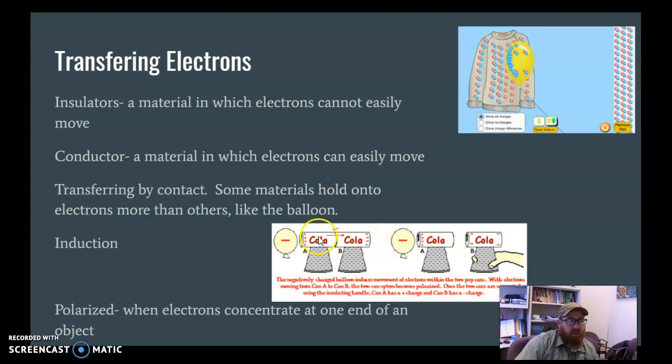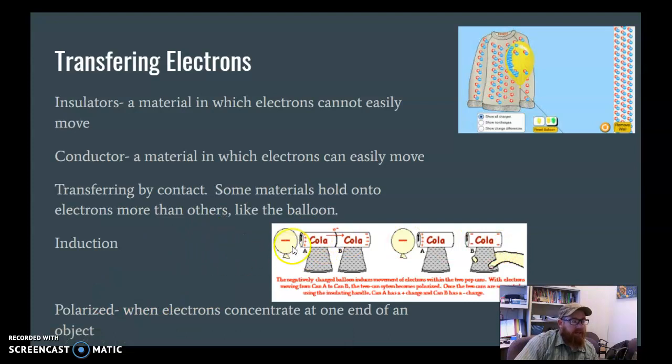So they'll go from this Coca-Cola can into this Coca-Cola can, so there's negative charge over here. And the positives will transfer from this can over to this can because they want to get close to the negative. They are attracted to that. And then if you separate those two cans apart, lo and behold, this can is positively charged and that can is negatively charged. That's charging by induction.